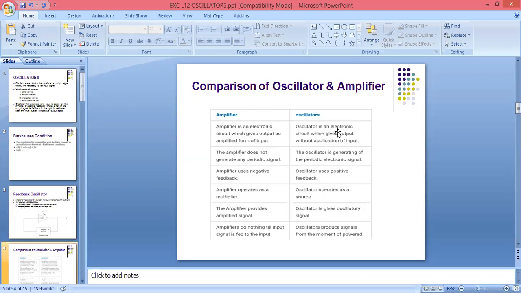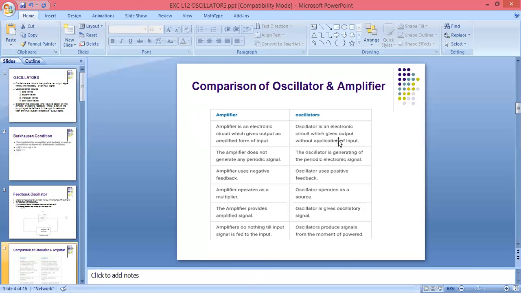So we can say oscillator is an electronic circuit which gives output without application of input. हमें यहाँ input का जरूरत नहीं है, so we can say there is no need of the input in oscillator. Oscillator will give output without input.